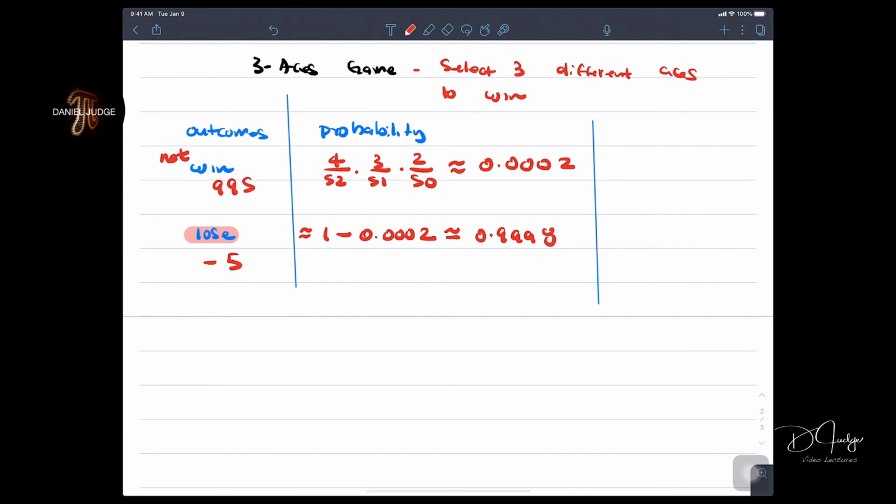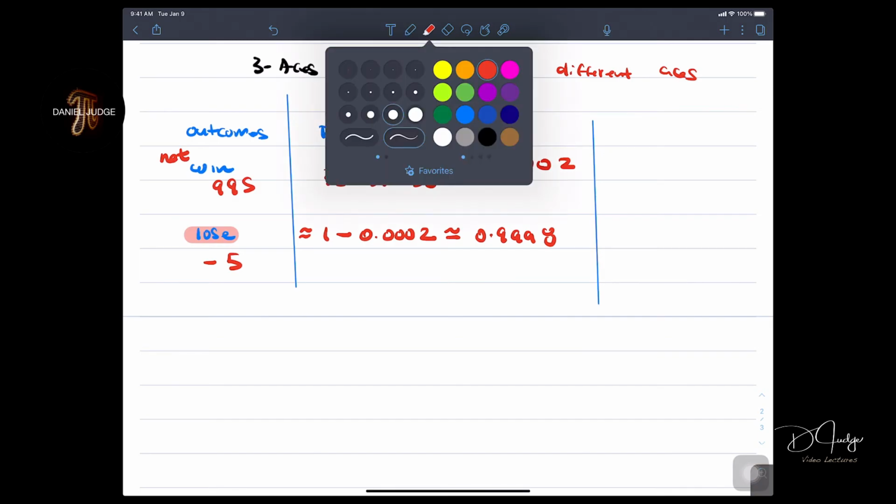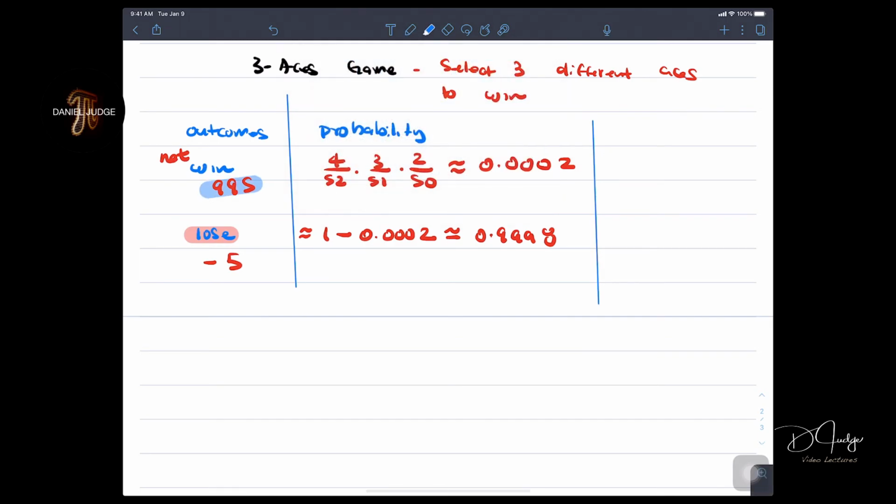Now, that was net. Okay? And that's what you always want to use. You want to use the net value. So you netted $995. So this here in the definition of expected value here, here's my x. Here's P of x.